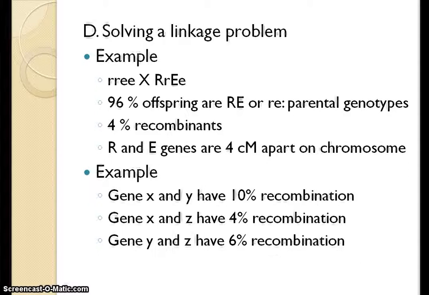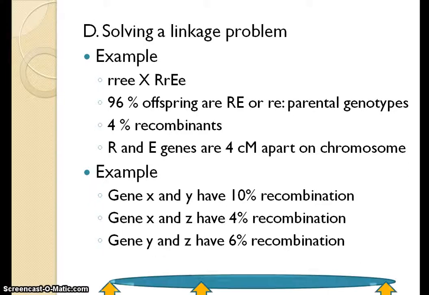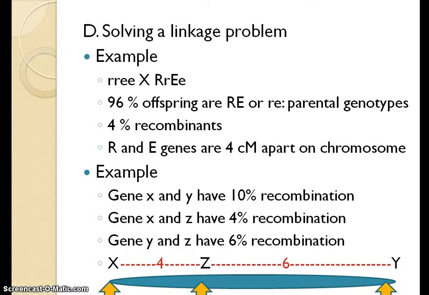Obviously, X and Z are going to be closer together than X and Y. So you're going to draw a chromosome, and we're going to label 3 spots on here. We see that X and Z are only 4 apart, Z and Y are 6 apart, and then when you put that together, you see that X and Y are 10%. They are 10 map units apart. So this is how you would use that data to determine where they are located on a chromosome.